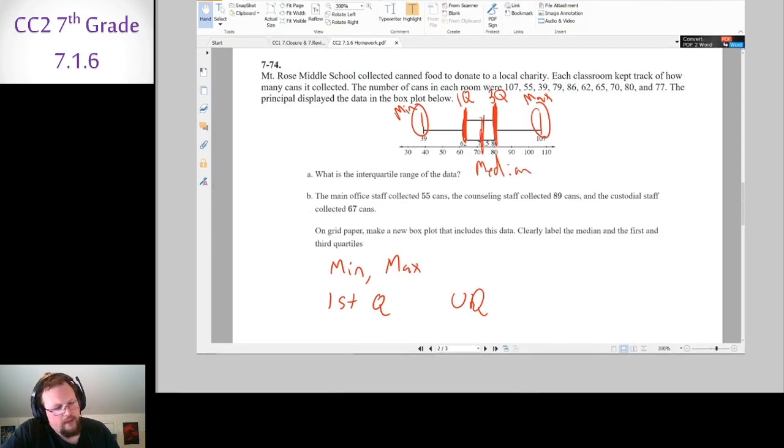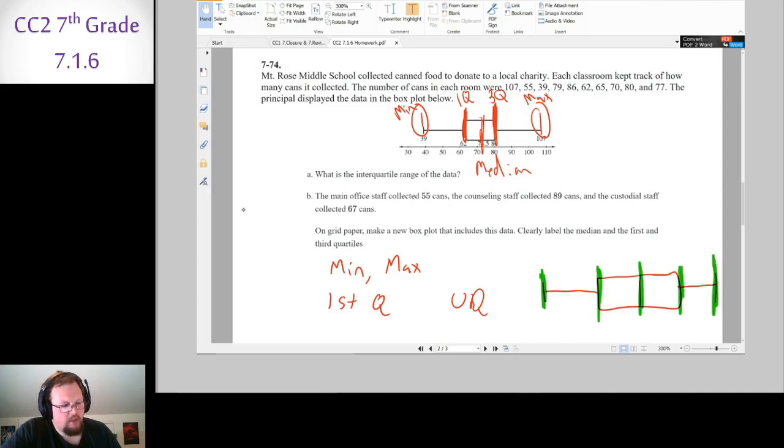So no matter what, you're going to have a box and some whiskers, hence it being called a box and whisker plot by some, and there are 1, 2, 3, 4, 5 numbers that you care about.